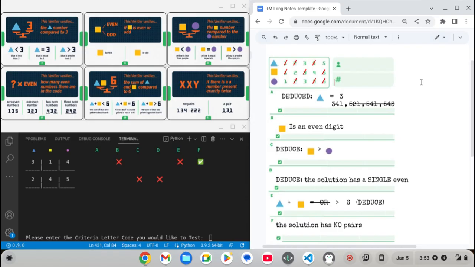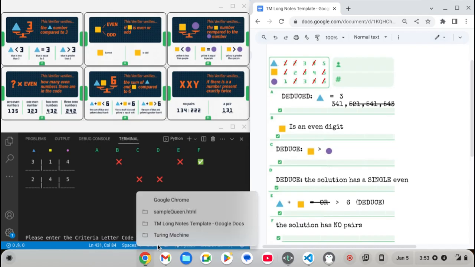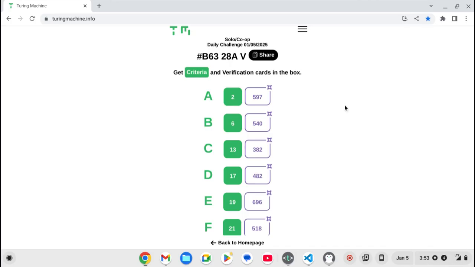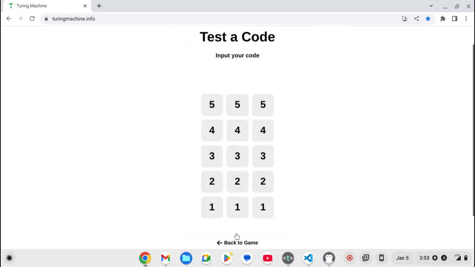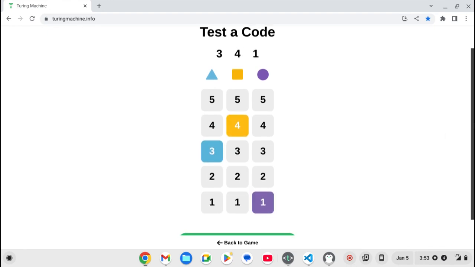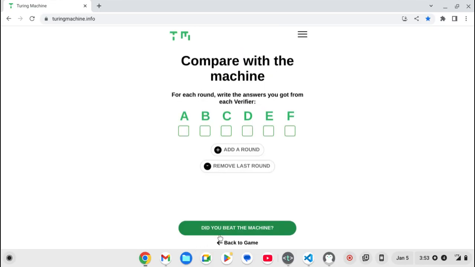Okay, so let's go ahead and verify while this screen catches up. So we did say 341. Fantastic.